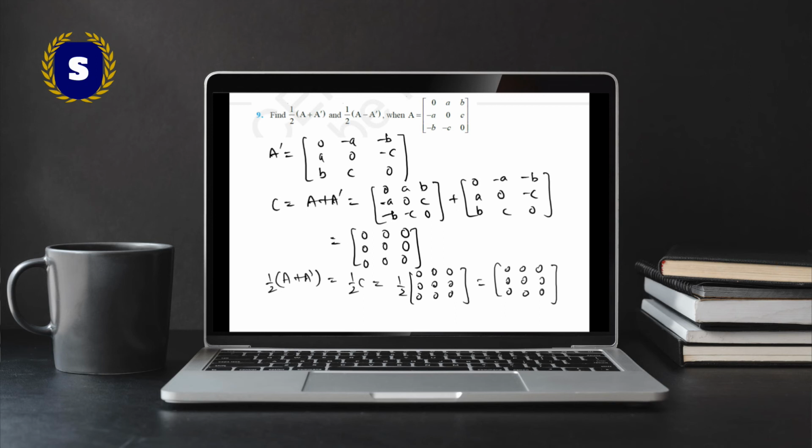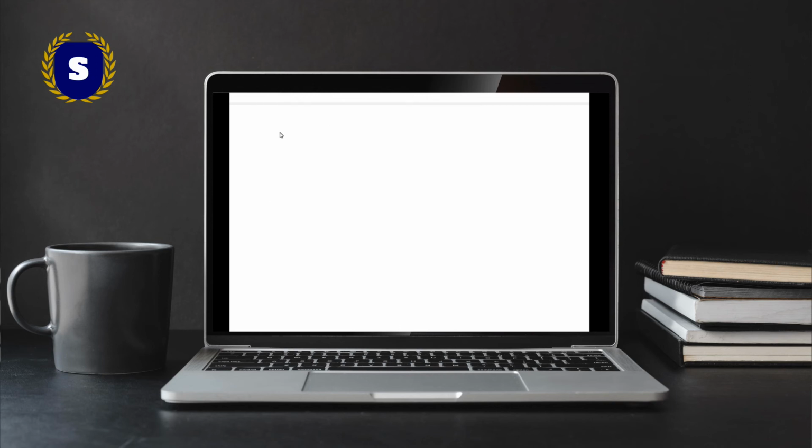Same way we can calculate a matrix D which is equal to A minus A transpose.